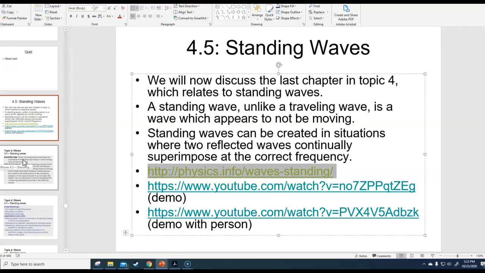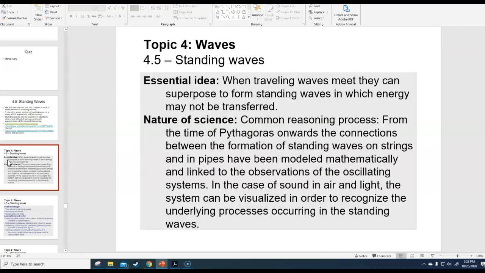And again, the principle is that the reflected wave comes back and combines with the new wave going in, and because of superposition, if the frequency is just right, you can create what's called standing waves. And so that is the idea of 4.5.